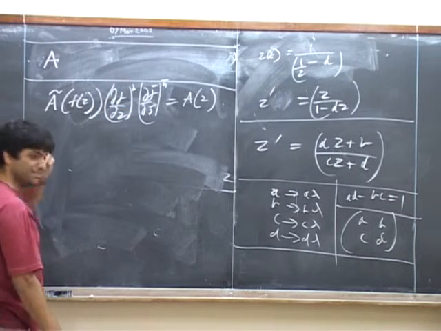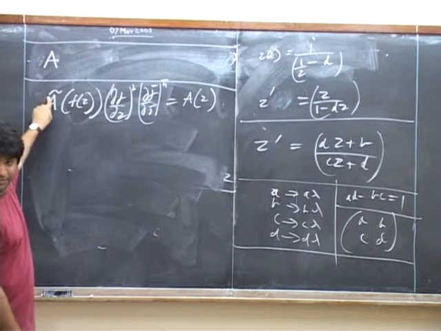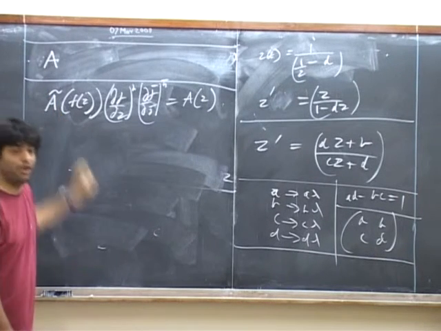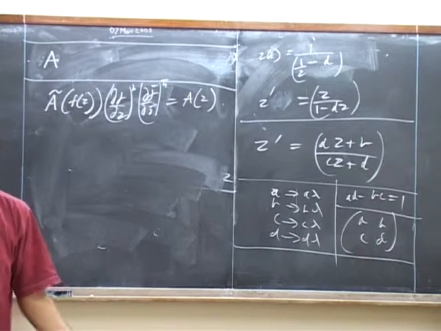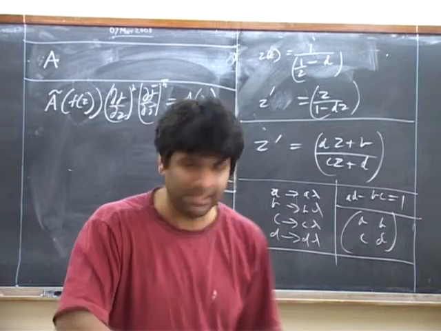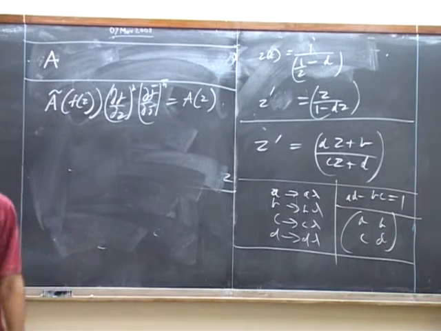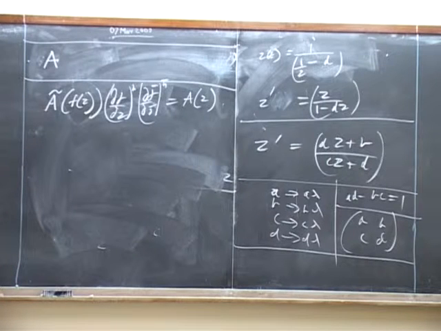Fine. Then the insertion A tilde you have to put in the new coordinates in order to get the same values of correlation functions as the insertion A in the old coordinates is related to A by this formula. Is this clear? Okay, under the conformal transformation, z is equal to f of z prime.